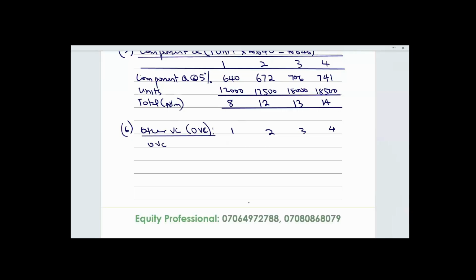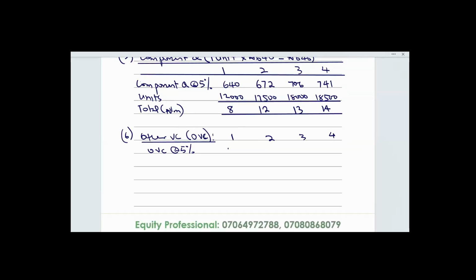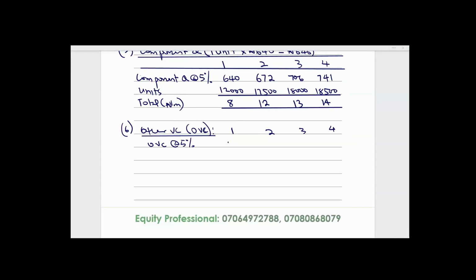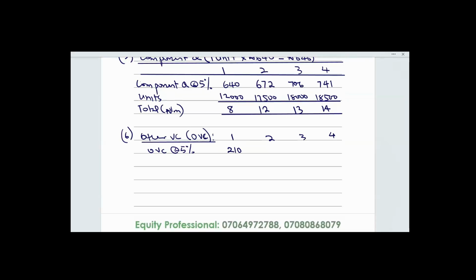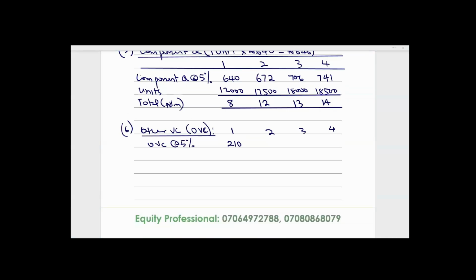Other variable costs at 5% per annum. The first year price is 210 per unit. 1.05 multiplied by 210, that is 221.